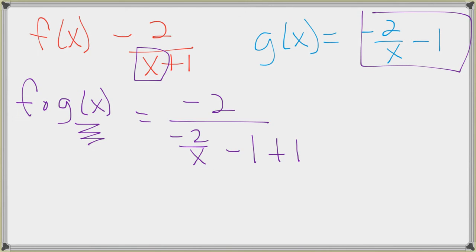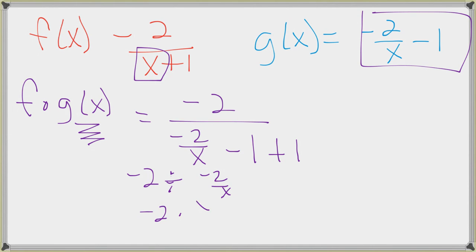Okay, now when you look at this one, you see the ones on the bottom are going to cancel, right? A negative 1 plus 1 cancels out. And then we have a complex fraction. We have negative 2 divided by negative 2 over x. We'll wait for the writing to catch up. There we go. So we have negative 2 divided by negative 2 over x.